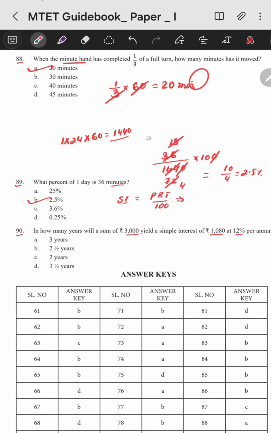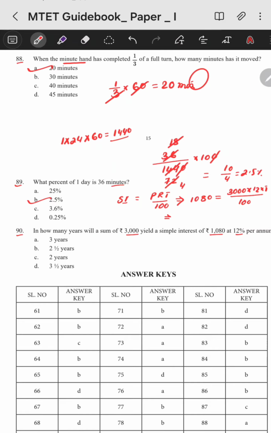So 1080 is equal to the principal amount, that is 3000, into rate of interest, that is 12, into time t, and by 100.